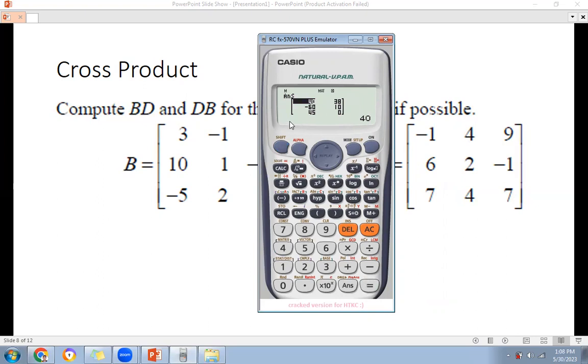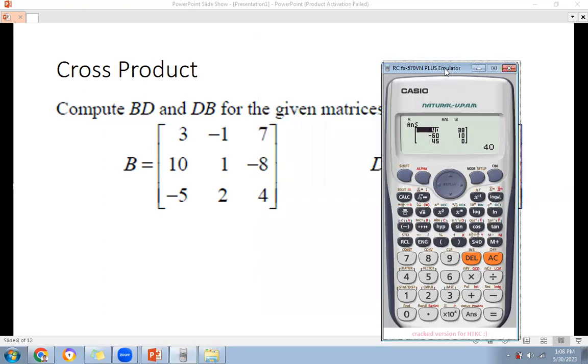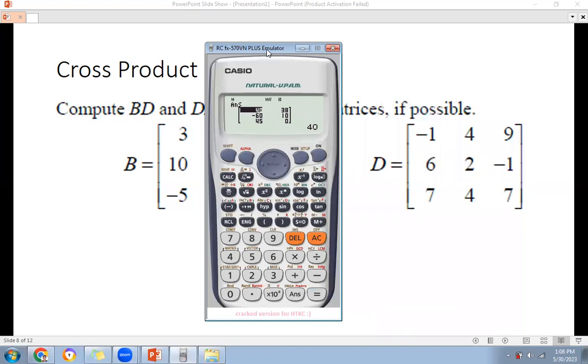Yes, it's also possible to do that, since the number of columns of B is 3, and the number of rows of D is also 3. So they're equal. And the new dimension will be, since we have 3 rows for B and 2 columns for D, 3 by 2.